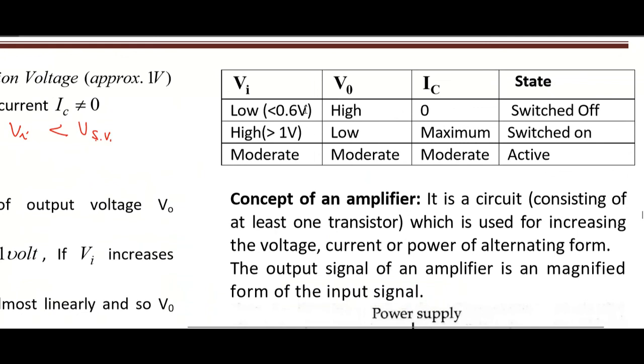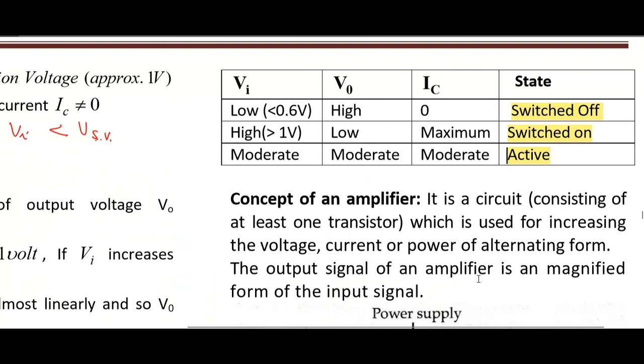Moderate means lying between 0.6 volt and 1 volt. VO is moderate, IC is moderate, and this is active state.